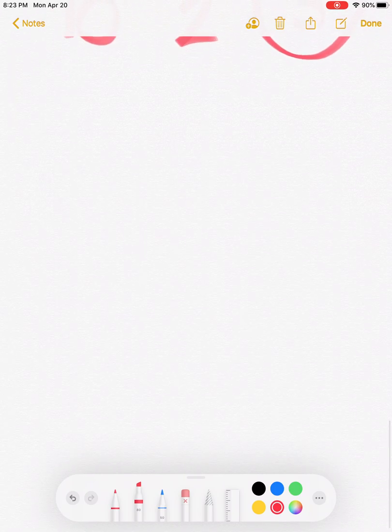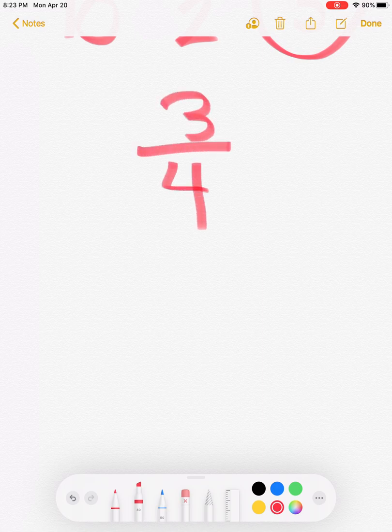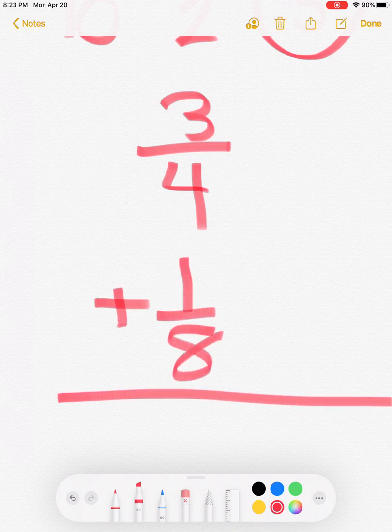Now today you're going to be adding fractions that are mixed numbers, but I want to remind you how to add just a regular fraction where the denominators are not the same. So let's suppose this was a few lessons back, probably about a month ago, 3/4 plus 1/8. Now I'm looking at that and we have different denominators, and I'm thinking of the least common denominator. If I look at it, I say, oh, it's 8.